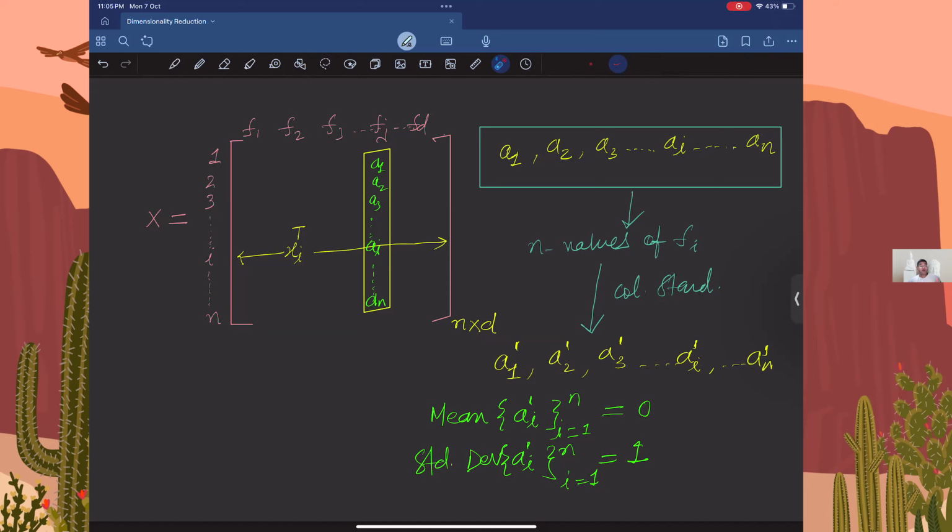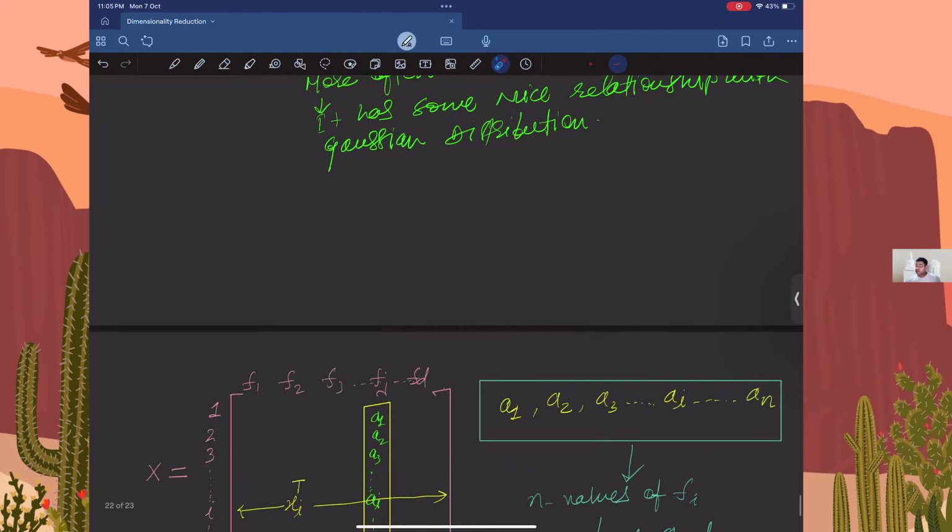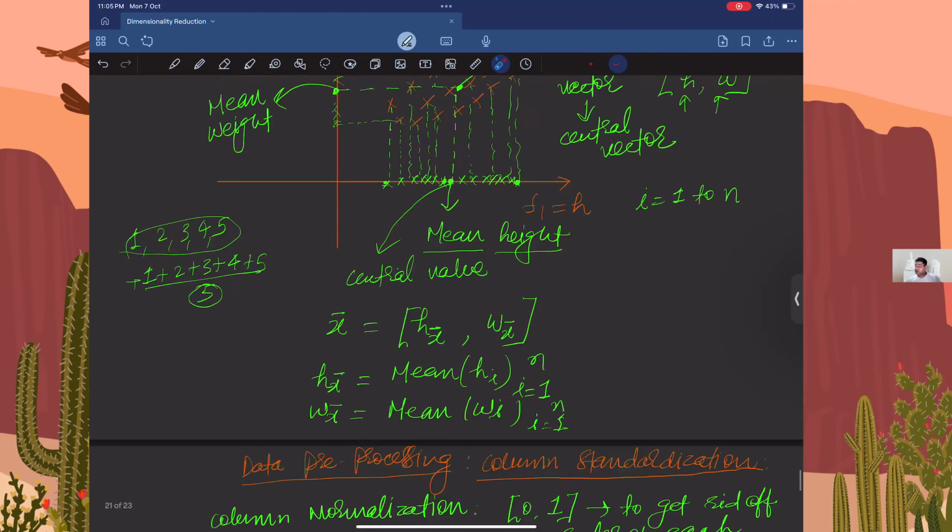So what column standardization does exactly is, it converts your data points such that the mean of the transformed data is 0 and the standard deviation is 1. And this is not boxing all the values, which is what we did in column normalization. In column normalization, we ensure that all your A dash lie in the interval 0 to 1. That's what we have discussed.